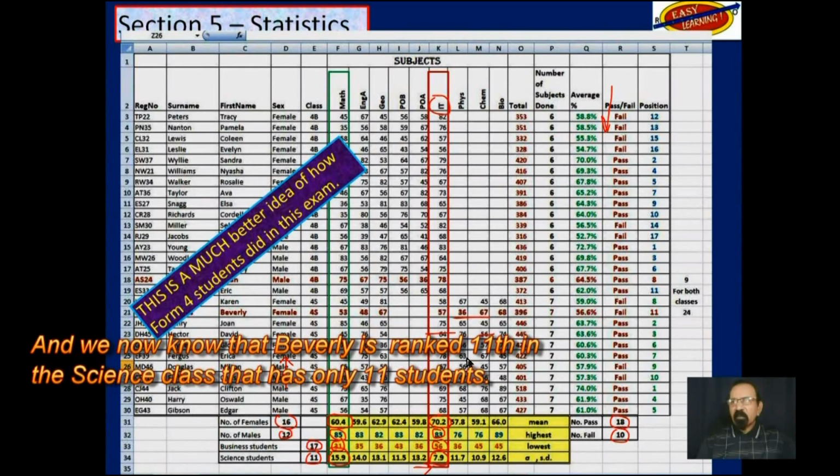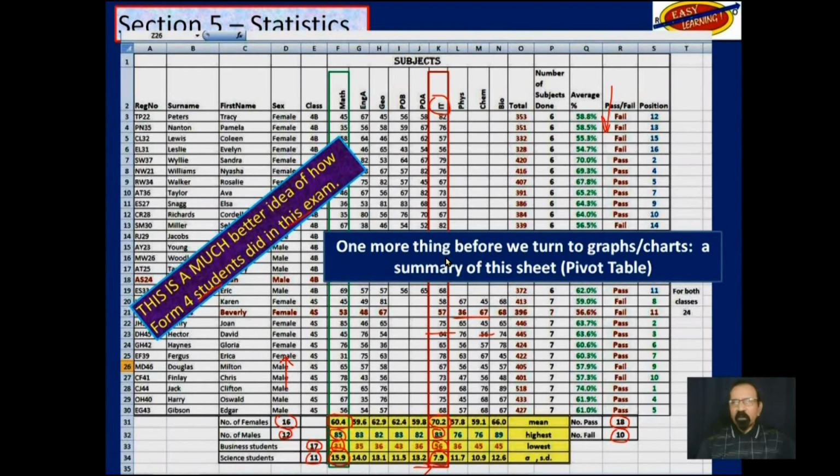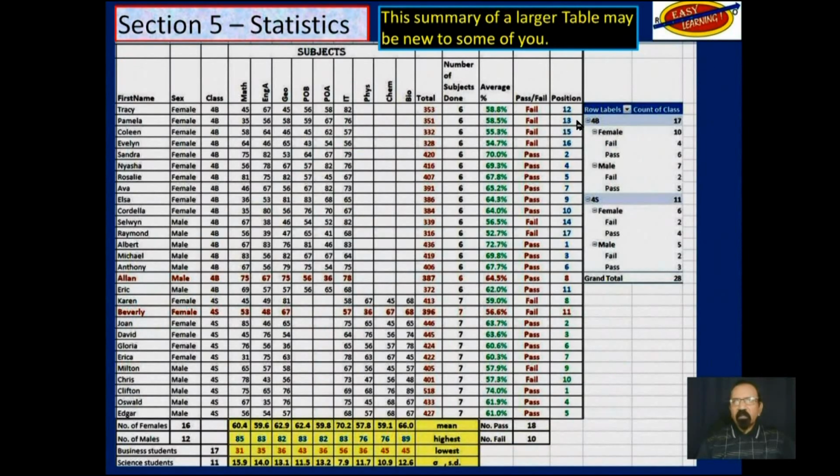So now we have a much better idea of how Form 4 students did in this exam, both individually and subject-wise. Now, one more thing before we go to graphs or charts, and that is a summary of this sheet. A summary of a larger table, and this may be new to some of you.